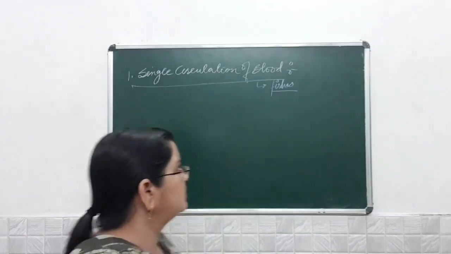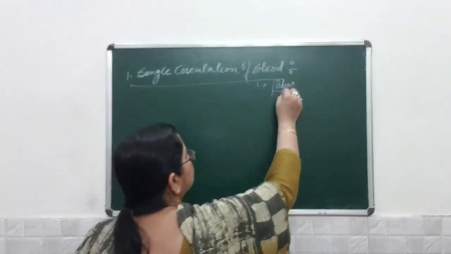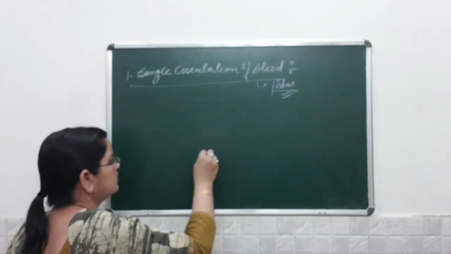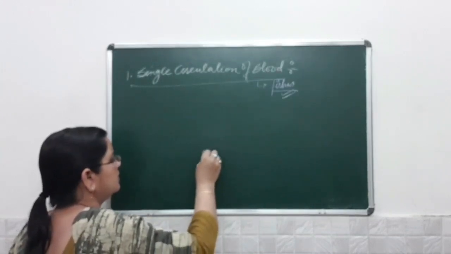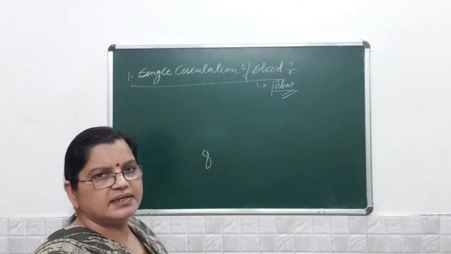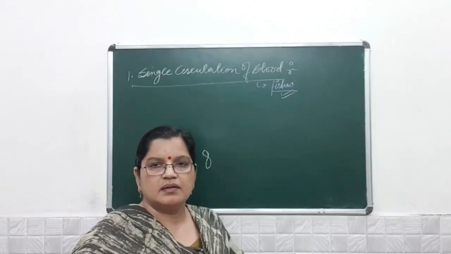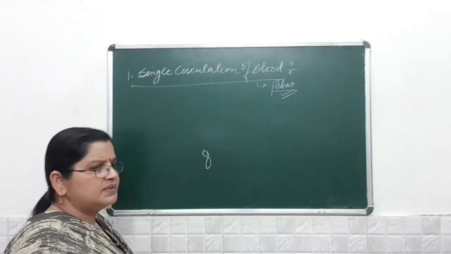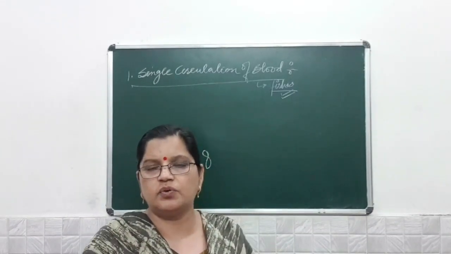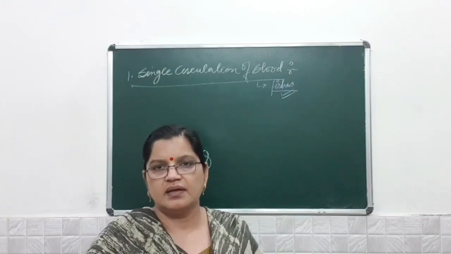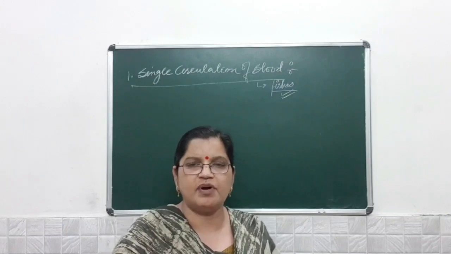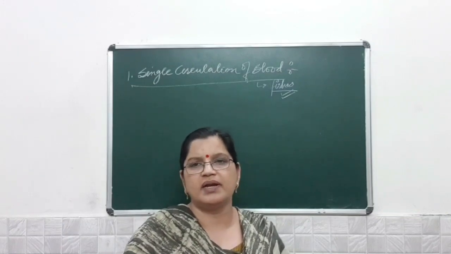In fishes, a two-chamber heart is present. The function of the heart is pumping the blood throughout the body. It is a pumping organ with the help of which blood is circulated in the body.